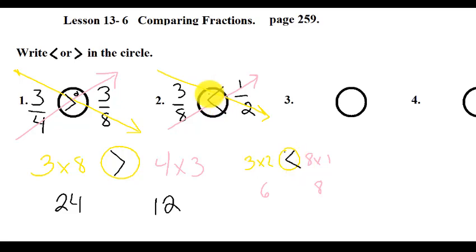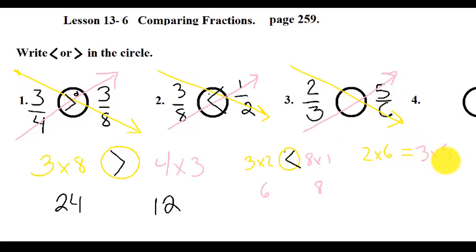Let's do problem number 3. In this case it is 2/3 and 5/6. Let's write it correctly here. Let's multiply. 2 times 6 is 12, and then 3 times 5 is 15.